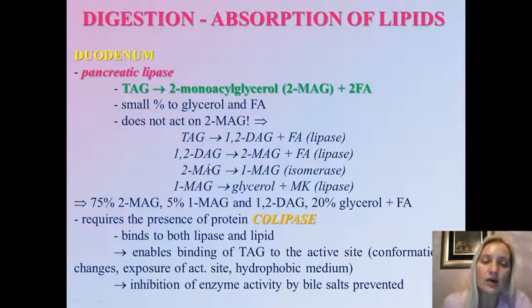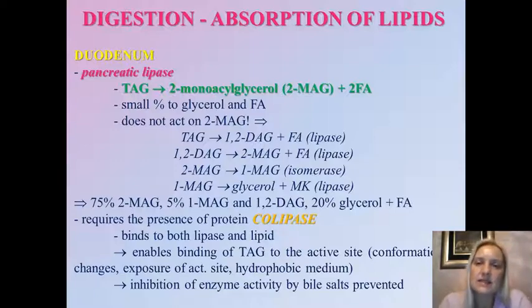Then, as we said, 2-monoacylglycerols have to be isomerized to 1-monoacylglycerols first by the action of isomerase, and then lipase is going to continue the hydrolytic action on 1-monoacylglycerols to convert them to glycerol and fatty acids. So as the final products of this phase of digestion, we're going to get a mixture of approximately 75% of 2-monoacylglycerols, 5% of 1-monoacylglycerols and 1,2-diacylglycerols, and approximately 1/5, 20%, of glycerol and fatty acids.